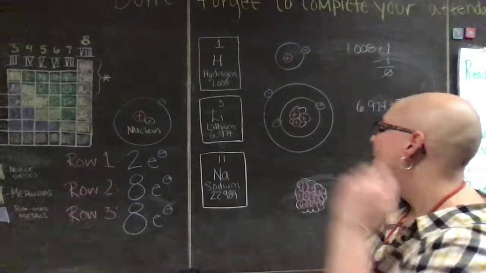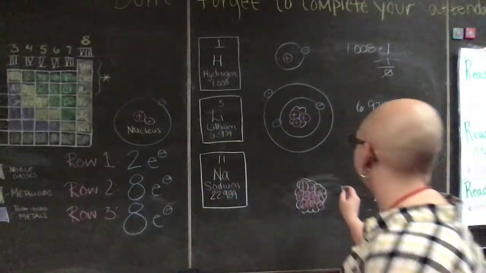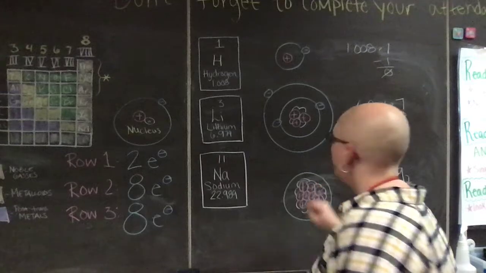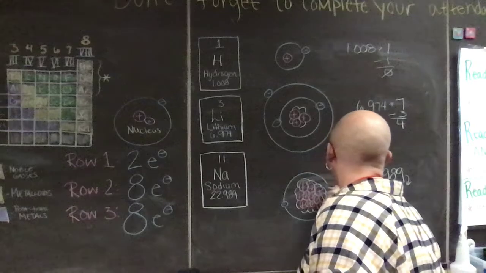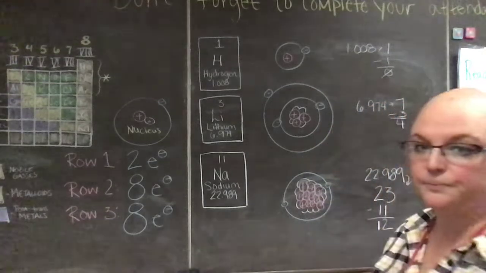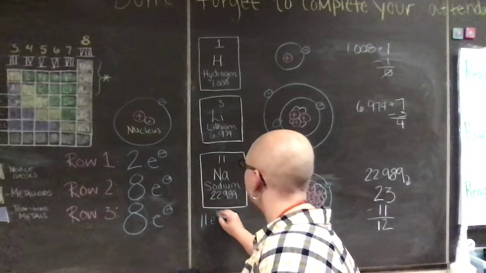Ooh, buddy. Our first shell can contain but 2 electrons total. Here's my first shell. 1, 2. Now, sodium has 11 total electrons.